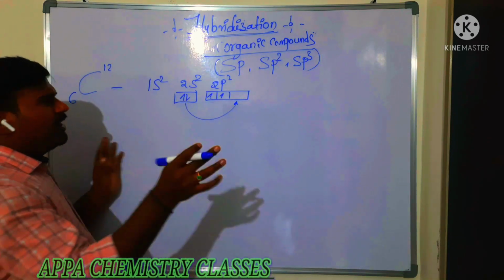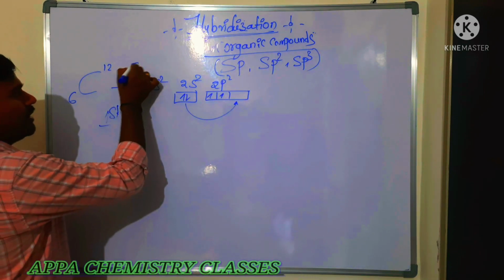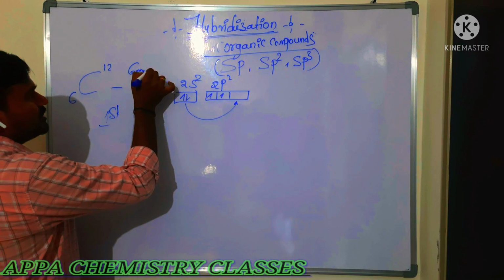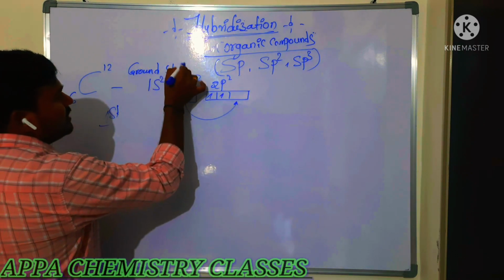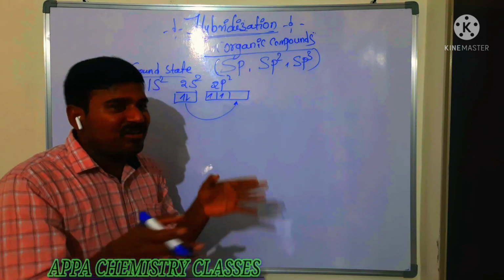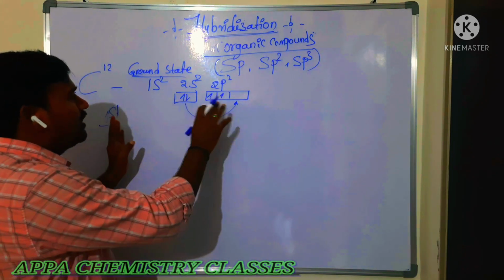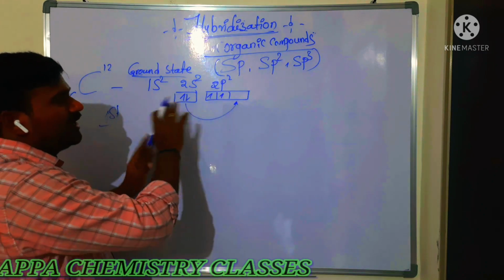Is that clear? Very important: the first excited state configuration. The earlier one is called the ground state electronic configuration. Ground state in the sense that it is the actual state of the atom, the normal atom which does not have any excitation.